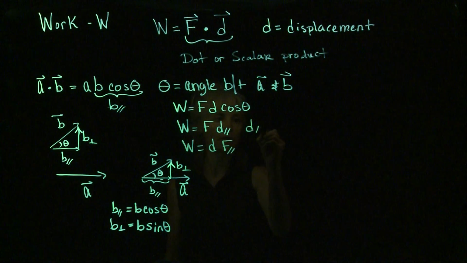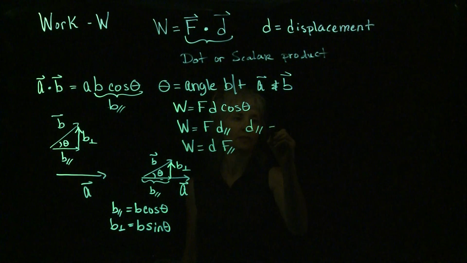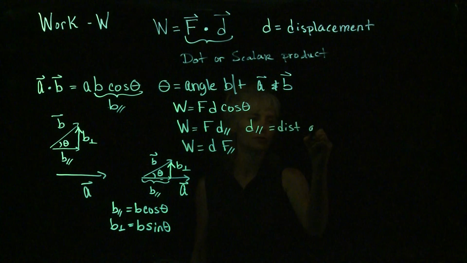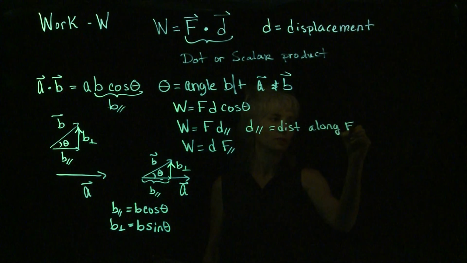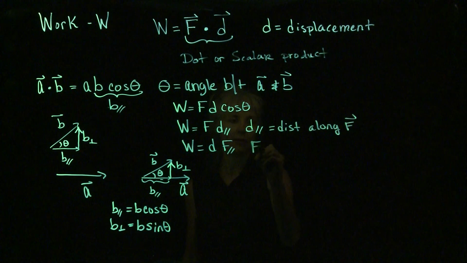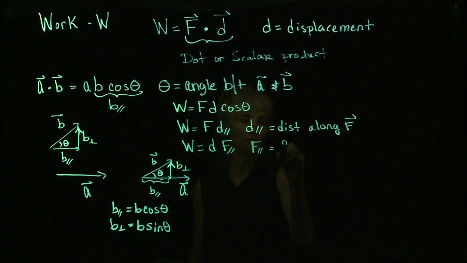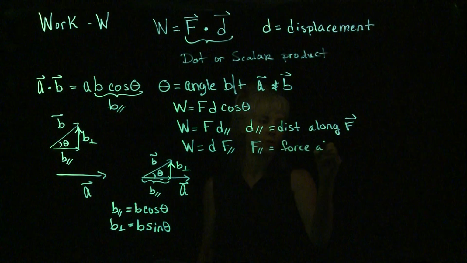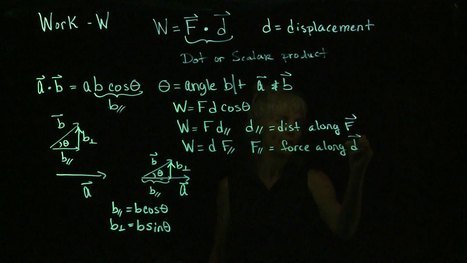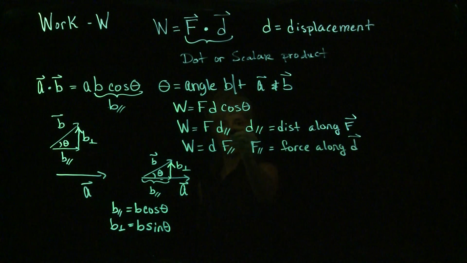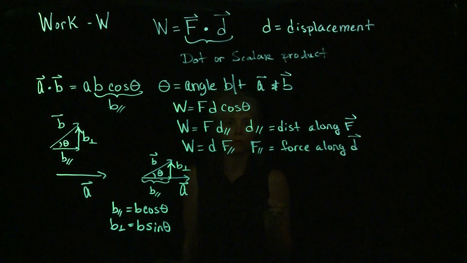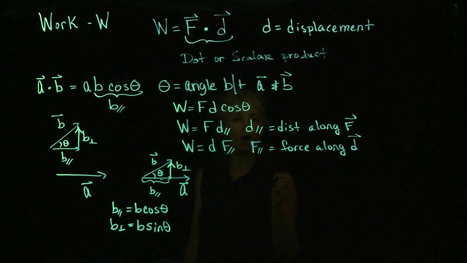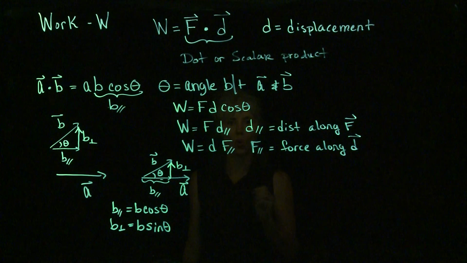So here D parallel is displacement along force, and here F parallel is force along displacement. Okay? They're exactly the same. These two quantities are the same. You can look at it either way. You can look at it as the displacement along the force times the force, or you can look at it as the force along the displacement times the displacement. Either one, you're going to get exactly the same answer.